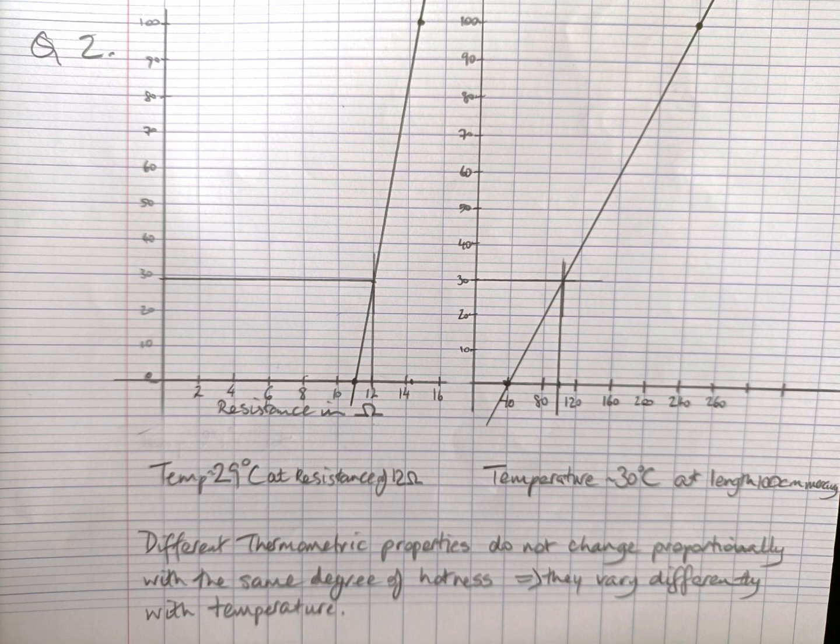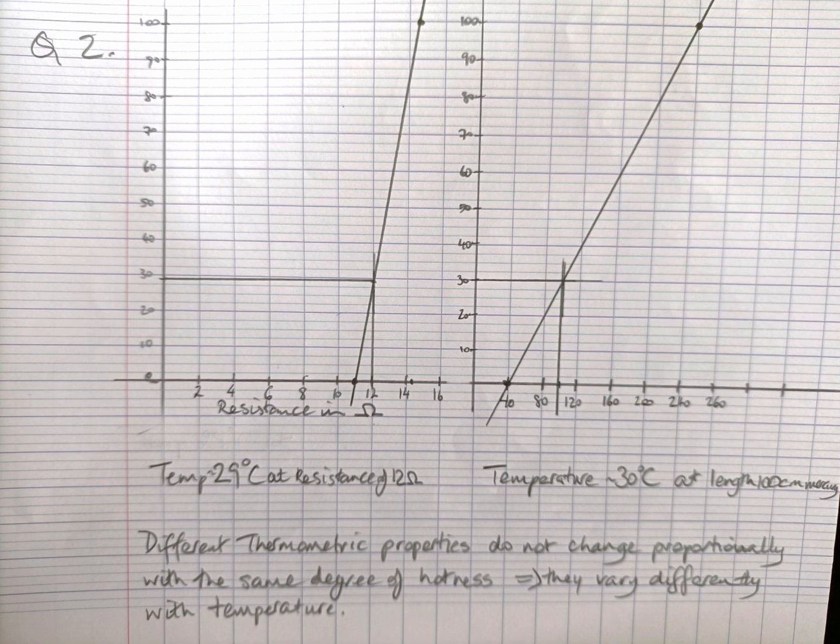Same type of method for the second thermometric property, the length of the column. We had the two fixed points. At 0 degrees, it measured 40 centimeters. At 100 degrees, it measured 240 centimeters, and the unknown temperature in the middle, it was measuring a length of 100 centimeters.